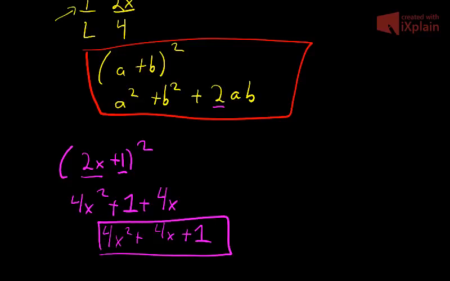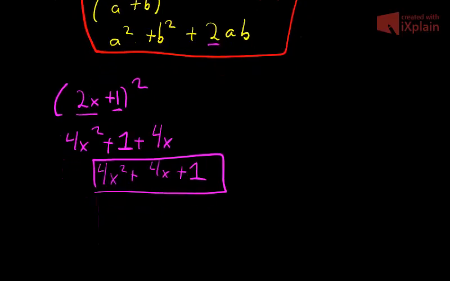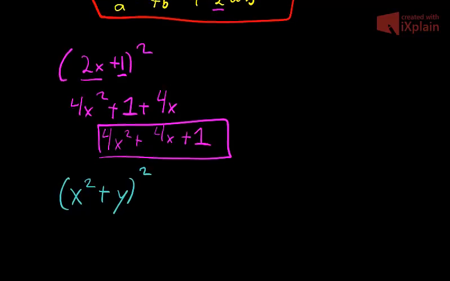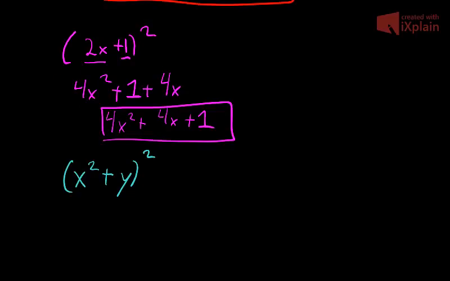Didn't have to FOIL or anything, basically just did it in my head, which is very nice to be able to do. And one more practice problem just for fun is going to be, let's do x squared plus y, the quantity squared. So x squared squared is going to be x to the power of 4.